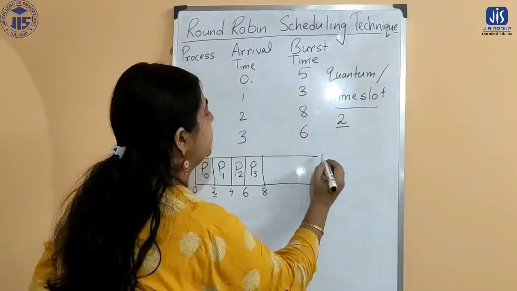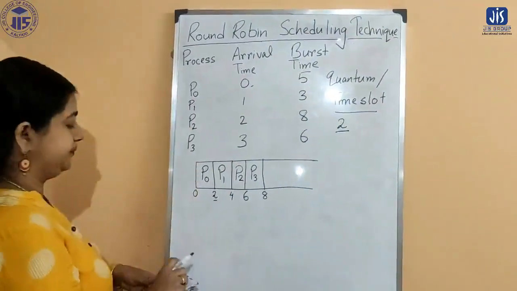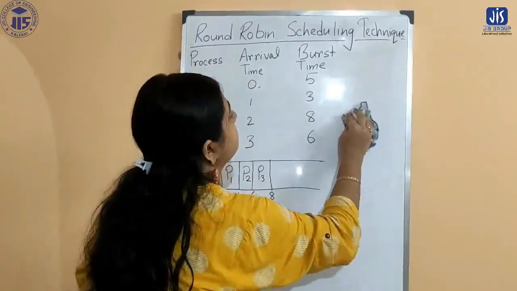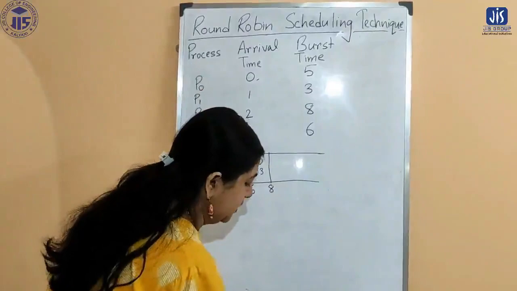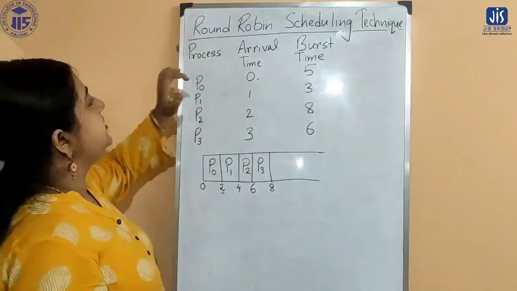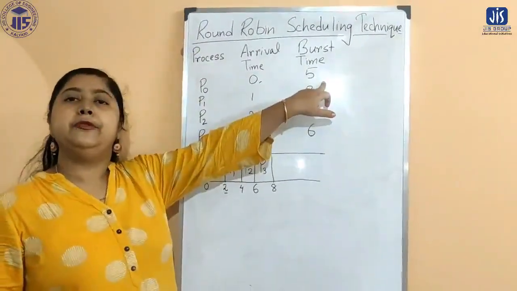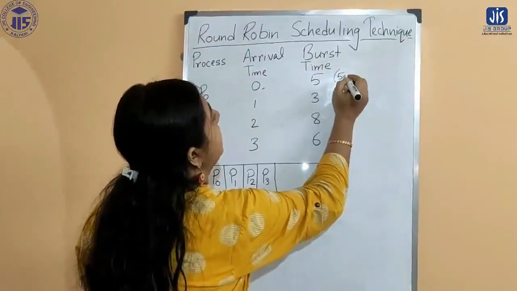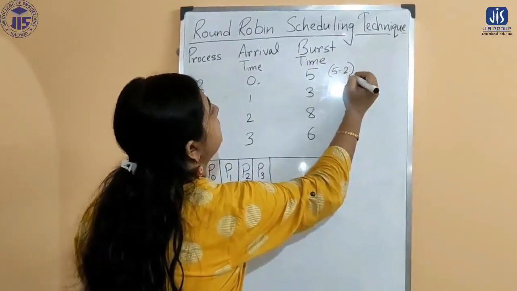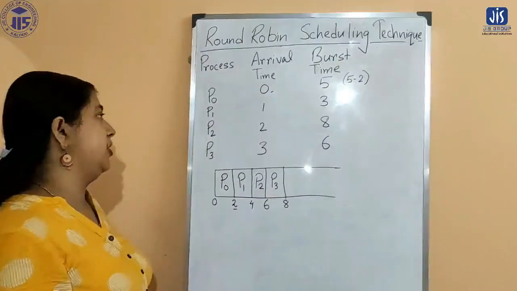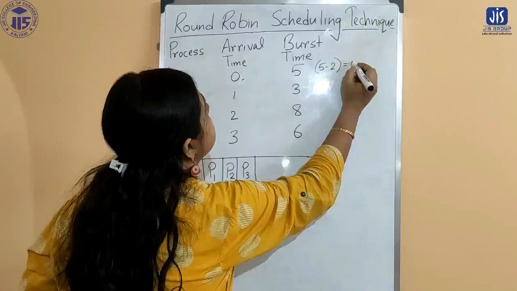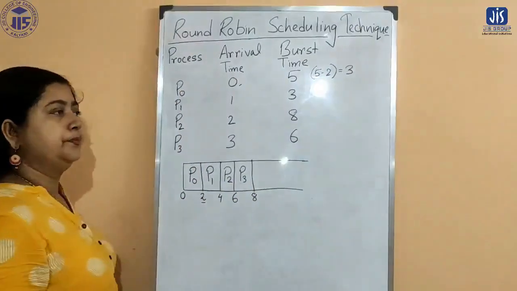So you can see the first round has completed. Now the second round starts. P0 required a total of 5 units of time for completion. Already 5 minus 2, 2 units of time, we have executed. So the remaining time is now 3.